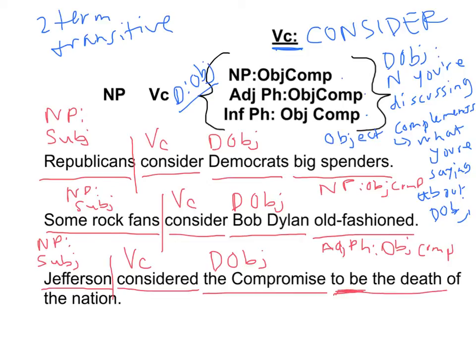So all of this section is an infinitive phrase, an object complement. Okay? Again, so long as you know these formulas, it should be pretty easy to identify what comes next.